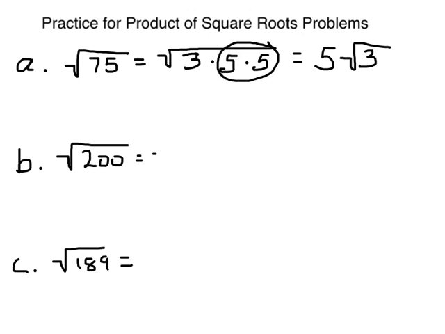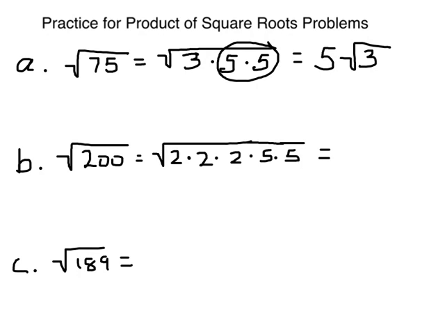How about 200? Well, 2 times 100, 100 is 2 times 50, 50 is 5 times 10, 10 is 2 times 5, so 2 times 2 times 2 times 5 times 5.